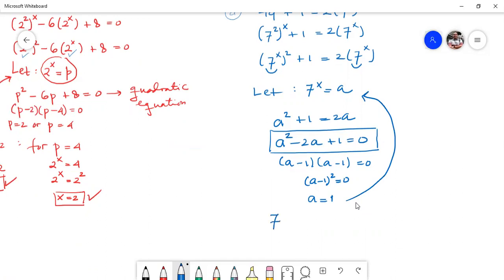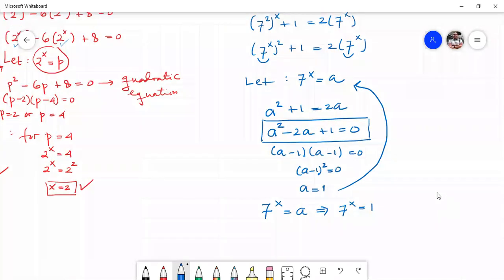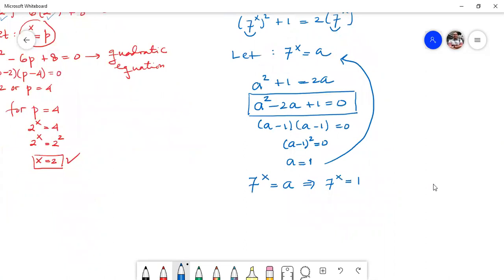Since 7 to the power of x equals a, it means 7 to the power of x equals 1. Now, what do you think? 7 to the power of what will give you 1 as the result? Any suggestion?